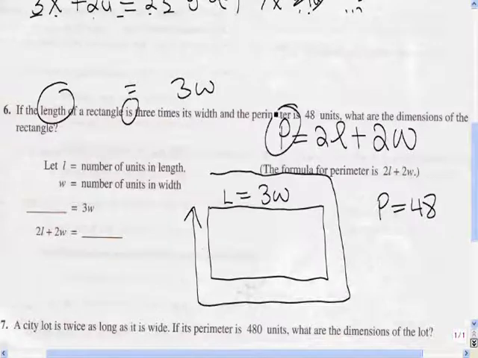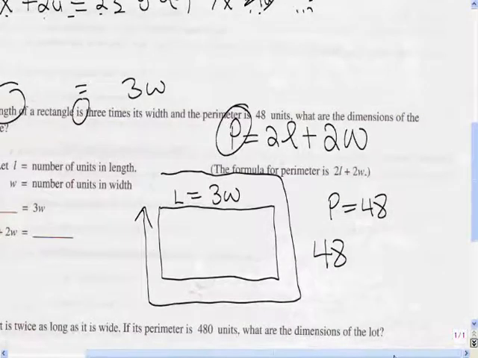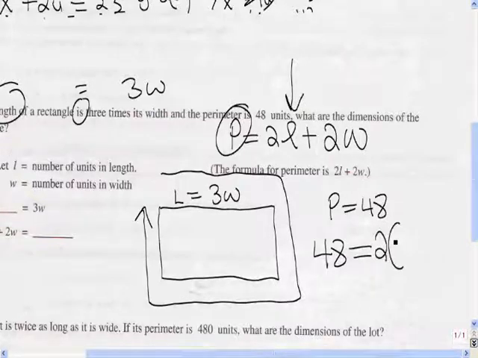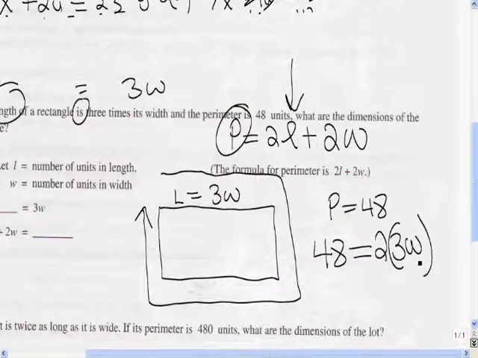So if the perimeter equals 48, I'm going to write 48 for P. And the length is the same as 3W, so wherever I see L, I'm going to write 3W. 2 times 3W plus 2W. Right? Because they tell me that the length is the same as 3W.